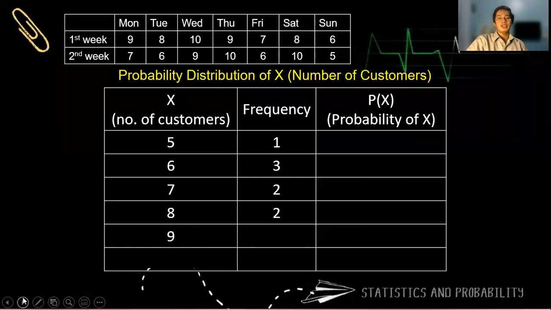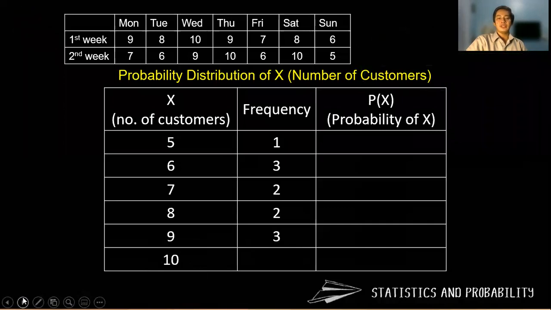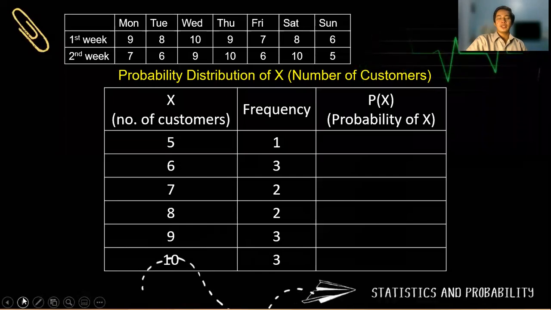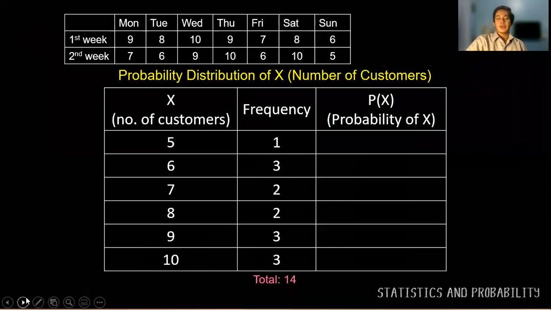Random variable 9, can you count? Very good. There are 3. And lastly, for random variable 10, how many? Correct. So that is 3. And what is the total? The total number of frequency is 14.